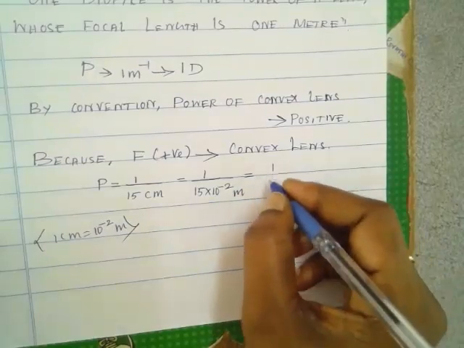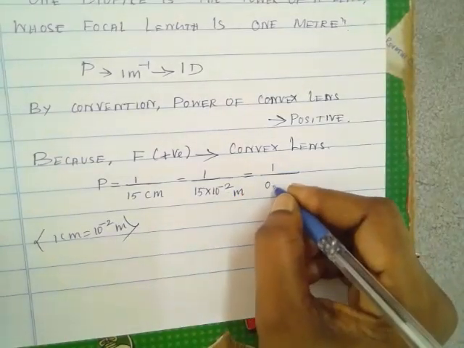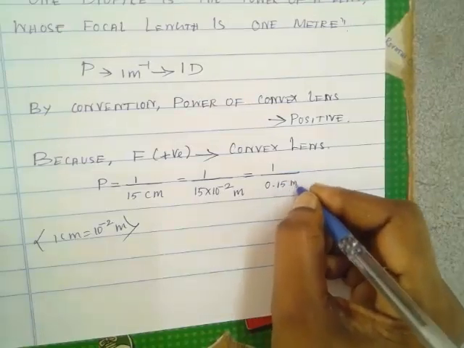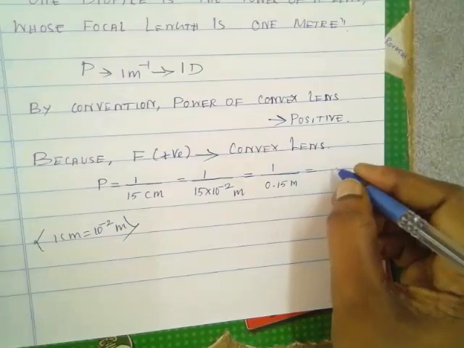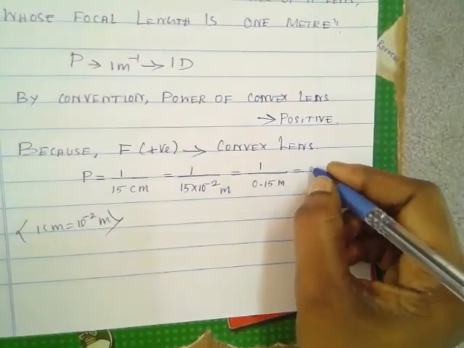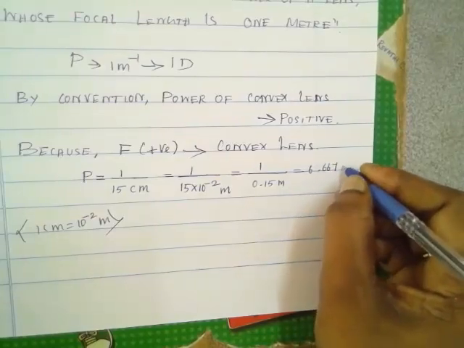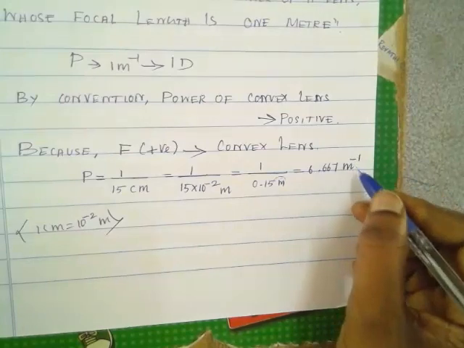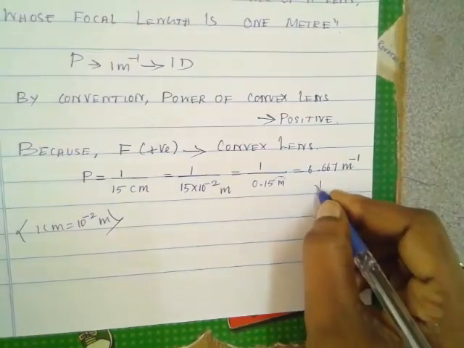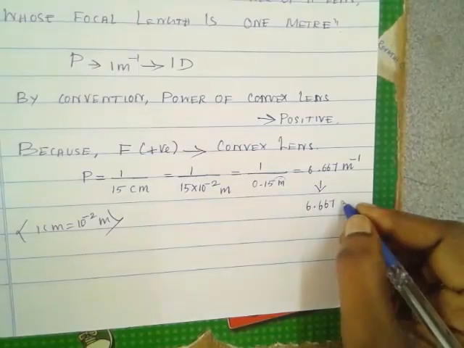Therefore 1 divided by 15 into 10 power minus 2 is nothing but 0.15 meter. Then converted into meter inverse, or in the form of diopter, it is 6.667 meter power minus 1. This meter goes to the numerator, meaning meter power minus 1. That is nothing but 6.67 diopter.